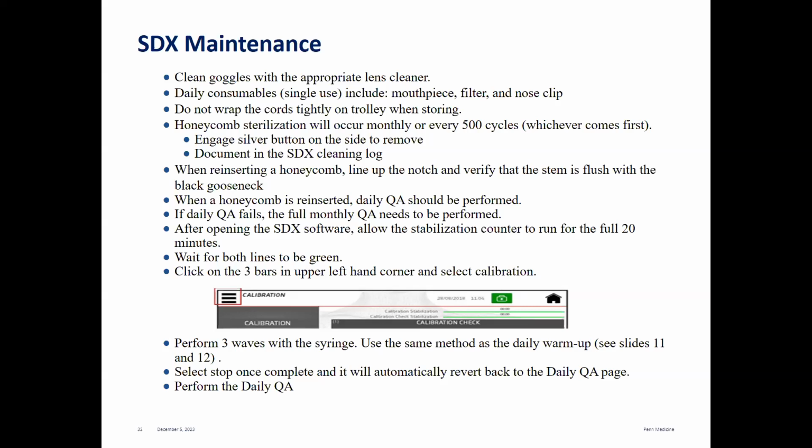Then you perform the 3 waves with the syringe. Use the same method as the daily warm-up procedure. Select stop once you are complete, and it'll automatically revert back to the daily QA page, which after you've performed a monthly, you'll perform the daily QA.